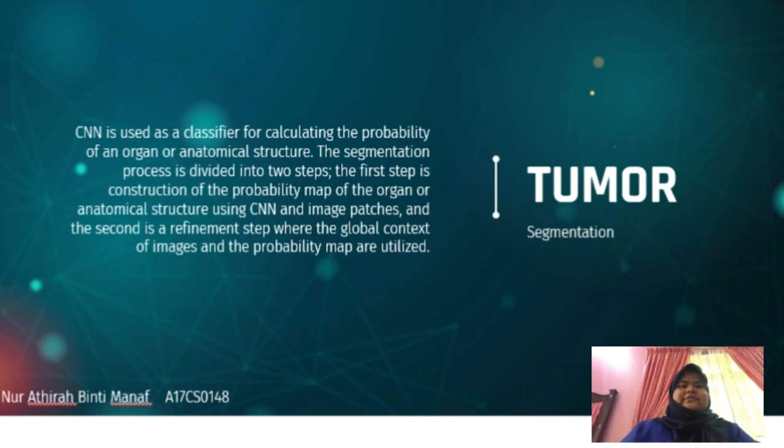For example, the doctor will use MRI medical images that have gone through CNN training, and these images will really help the doctor identify whether the tumor has to be removed or not. So this is why CNN is important in identifying the tumor using segmentation.